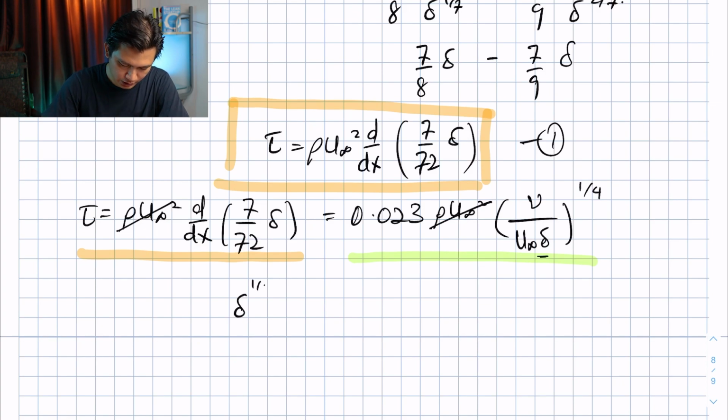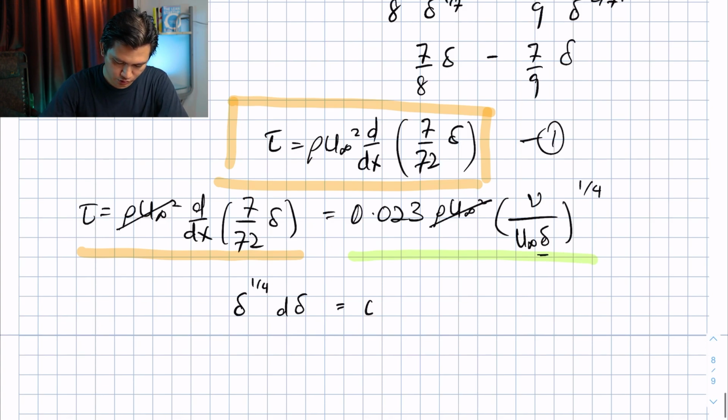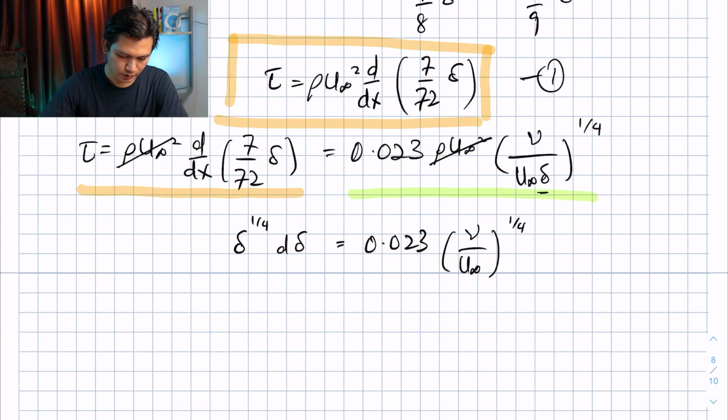So this is del to the power of 1 over 4 d del, and move everything to the right. Okay, so this is 0.023 nu over u infinity to the power of 1 over 4. Okay, and this is times 72 divided by 7 dx.